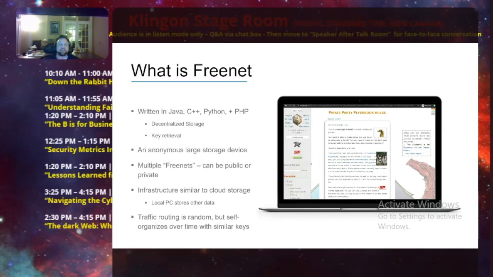However, it is encrypted. So although you are storing content, you cannot see, nor do you have access to that content. So unlike other peer-to-peer networks, you as a user have little to no control over what is stored on your data store. Instead, files are kept and deleted depending on how popular they are.